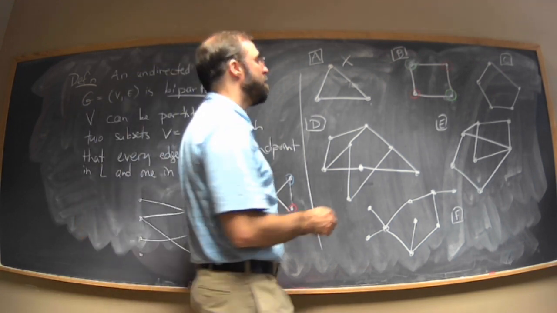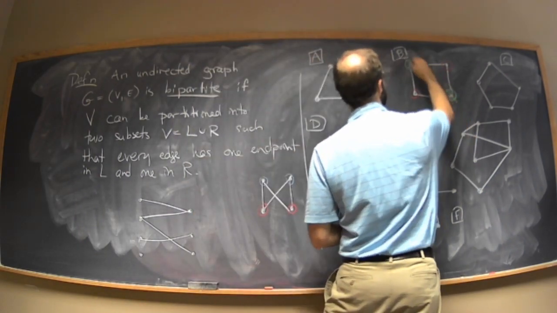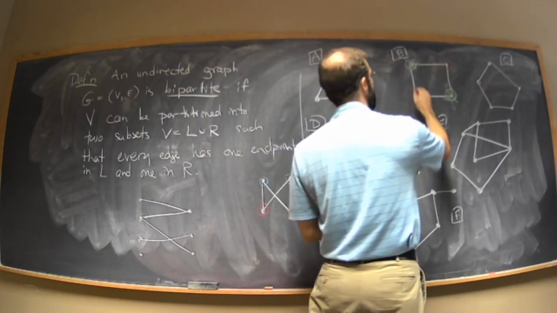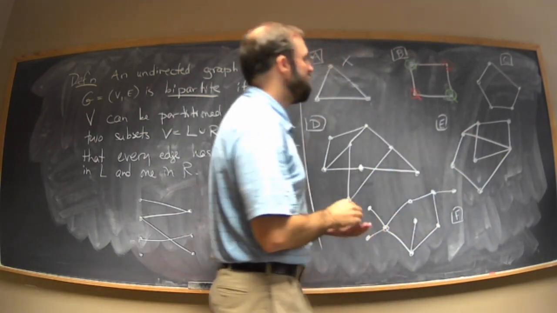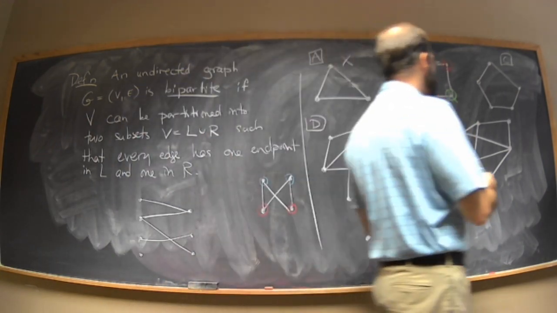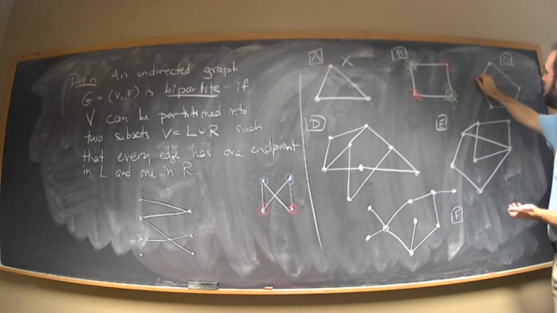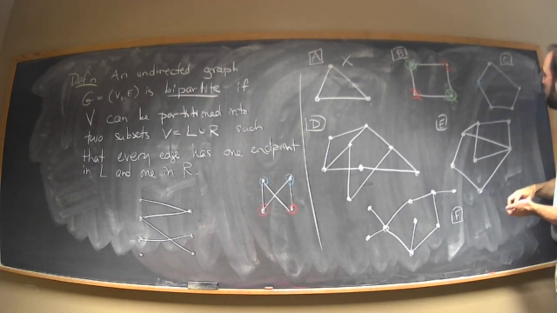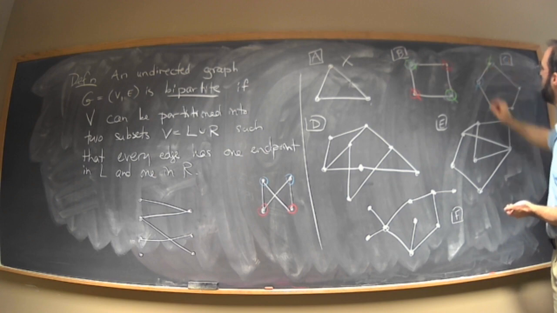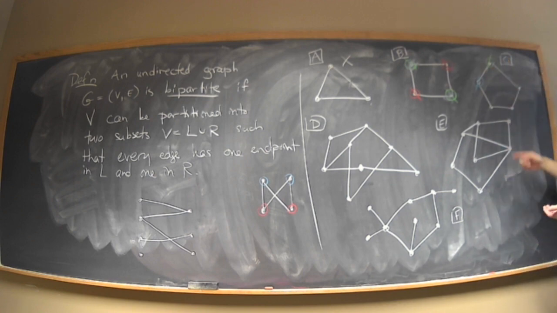Yeah, so someone suggests slashing through this. If I understand what you're saying, you get started by making this one color and this one another color. But then it's kind of forced, right?